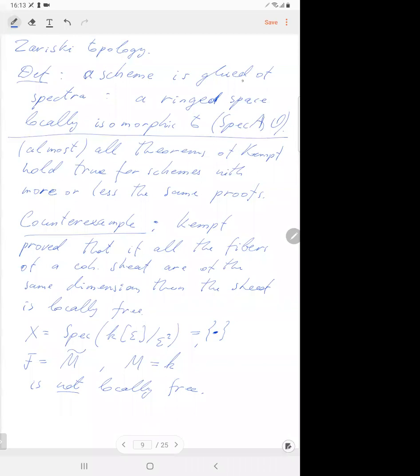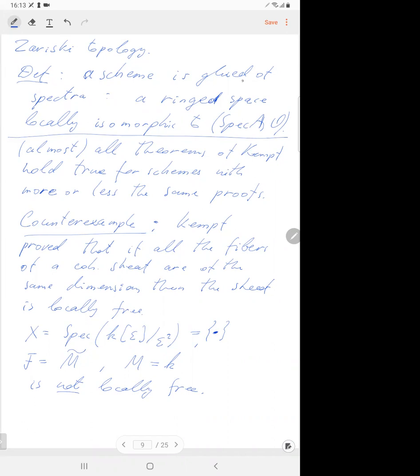Okay. I'm sorry, but people usually say that this X is not just a point; it is a point with a tangent vector attached to this point. Certainly, as a ringed space, it is different from just the spectrum of a field.